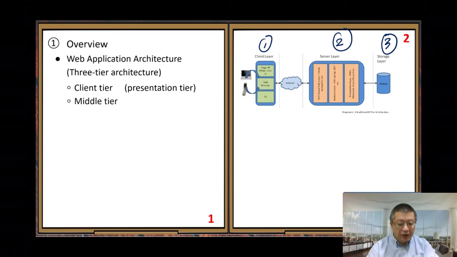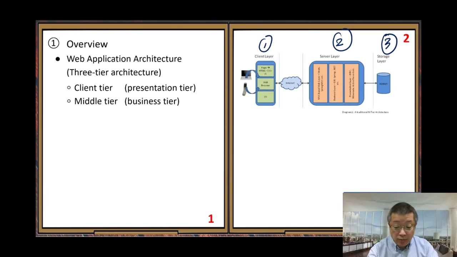All right. The second tier, middle tier. The server layer, server tier, sits in the middle, or also business tier. So why do people call it business tier? Because all the business rules are implemented in this layer.